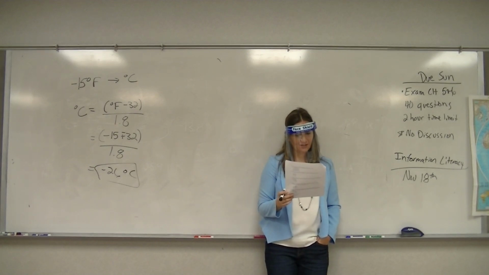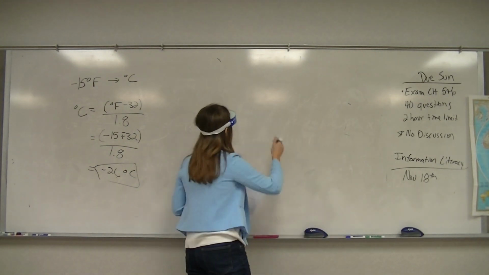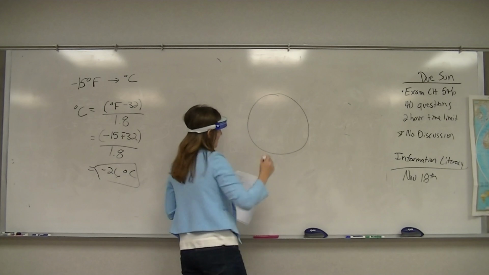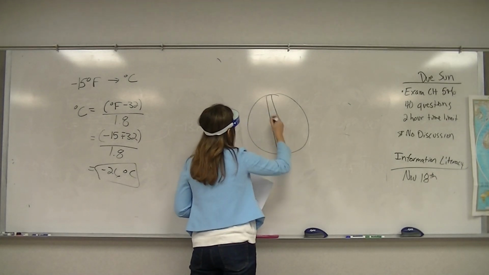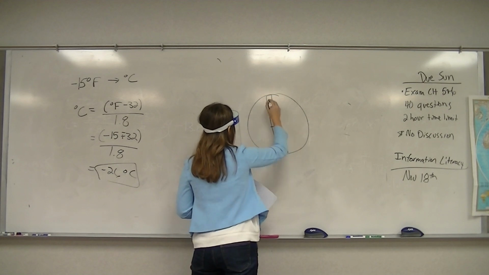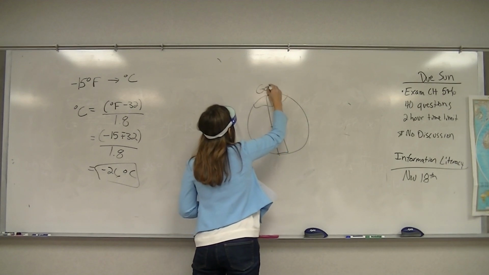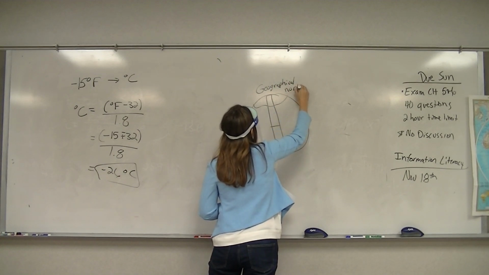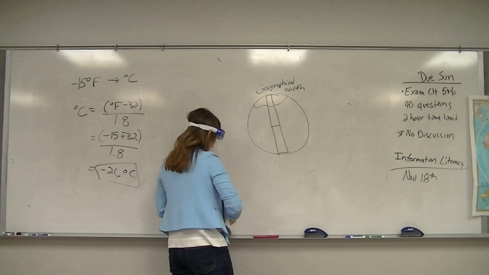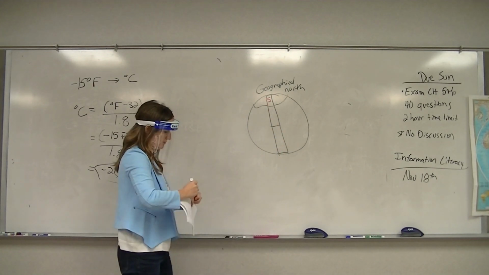For number 17, the north pole of a magnet is attracted to. So this is that compass problem that we talked about in detail. And we have the Earth's core is like a magnet. So the geographical north is actually the magnetic south.